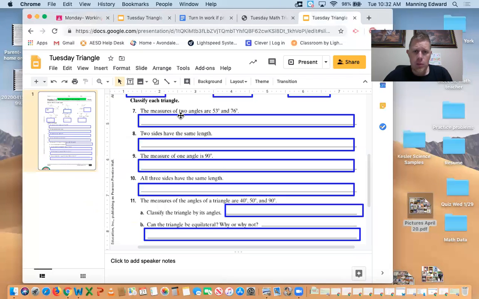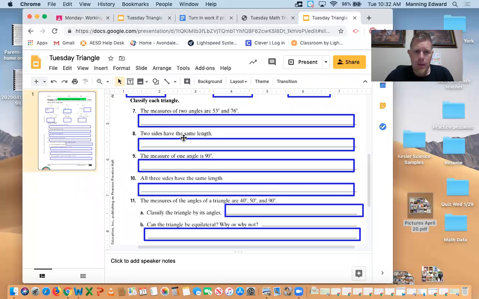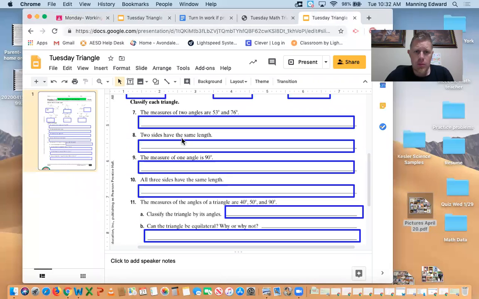So for this one, the measures of two angles are 53 and 76. So what would be the type of triangle that would be? Well, measures of 53 and 76. What would be left over? How much would be left over on that?